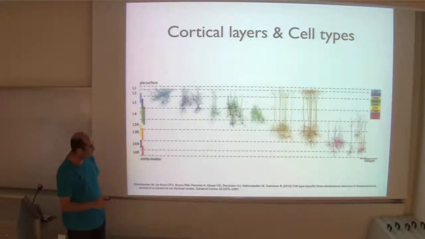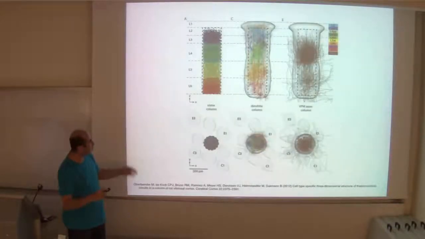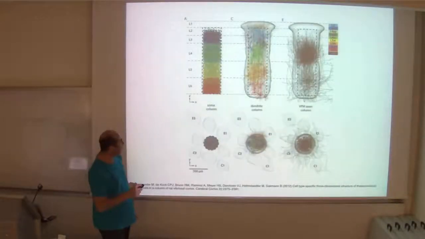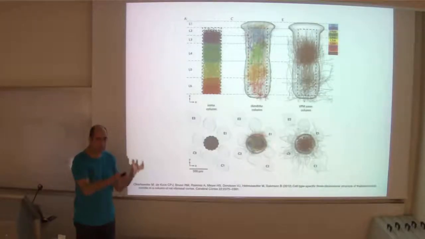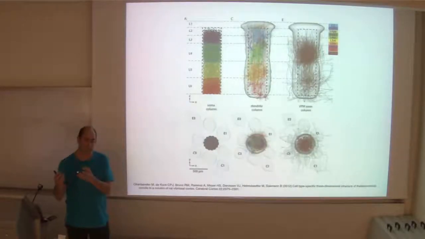These are the layer 5A thin tufted pyramidal neurons. These are the layer 4 spiny stellate cells. These are layer 6 neurons. And what they try to do is actually combine them into what they call the digital column. So they kind of say, okay, we have a certain amount of this type, a certain amount of that type.